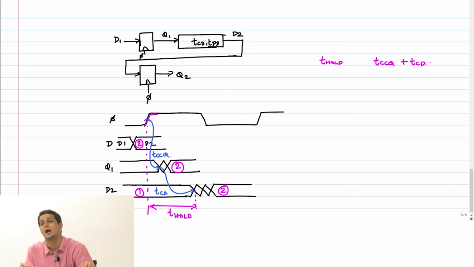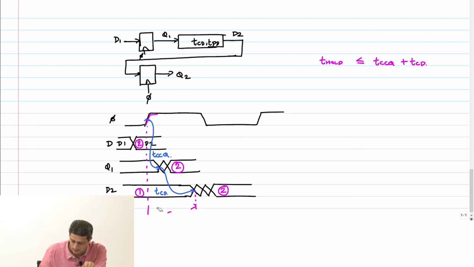What's the inequality? As long as the data change happens after the hold time. Let's say the hold time of the flop is somewhere here. Let's say this is T_hold. As long as this change happens later, there is no issue, and that's what we are saying.